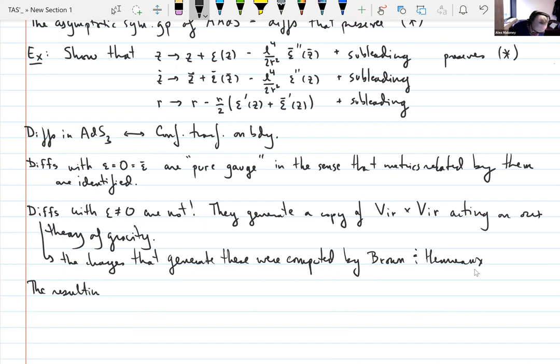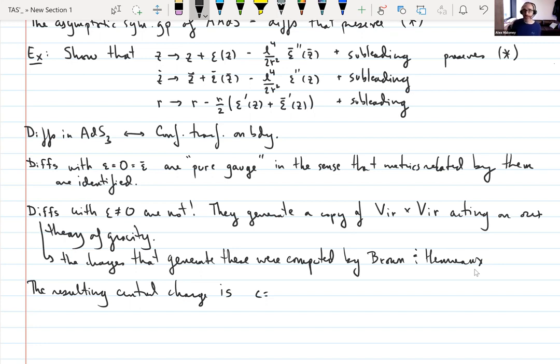So the resulting central charge, well, what could it possibly be? In order to understand what it could possibly be, let's remember that we're talking about a theory of gravity in AdS. Because it's a theory of gravity, there's Newton's constant, which has dimensions of length.